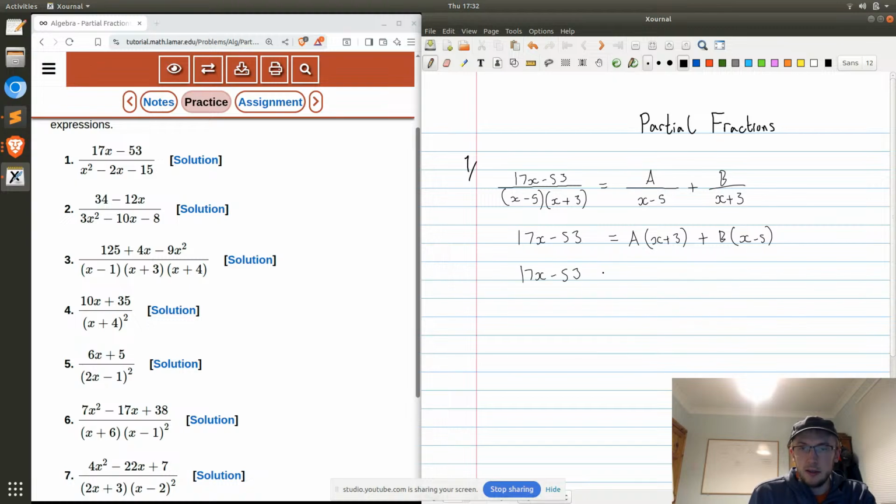So 17x minus 53 would have to equal (a plus b)x plus 3a minus 5b. And so a plus b would have to equal 17, and 3a minus 5b would have to equal minus 53.